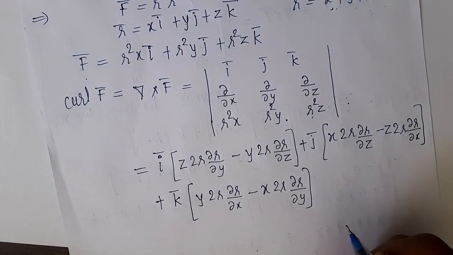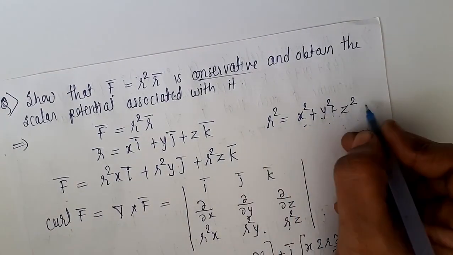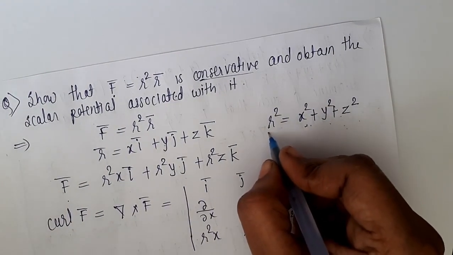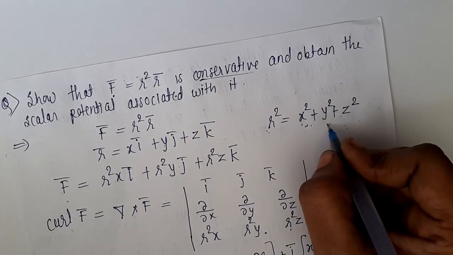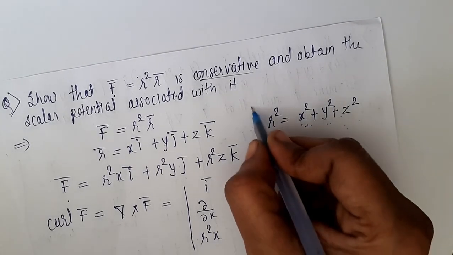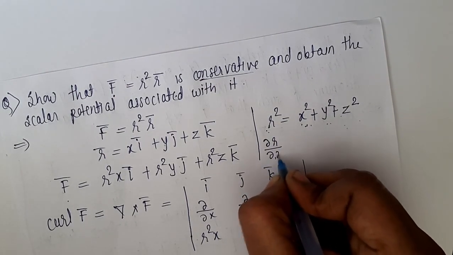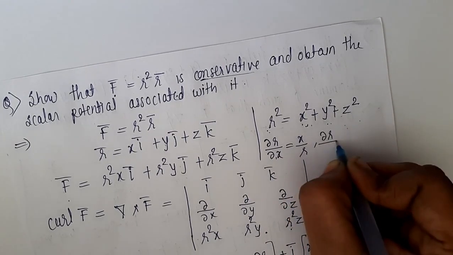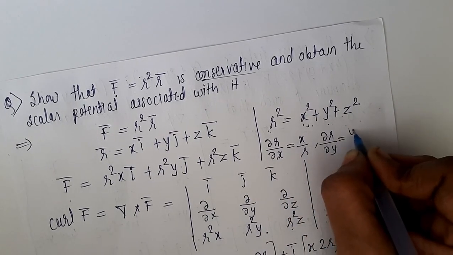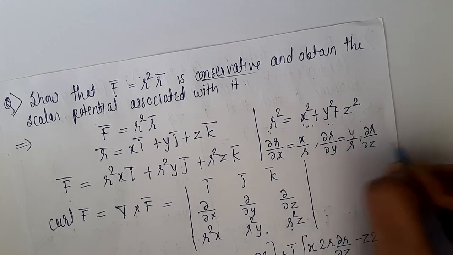Now we must know what del r by del x, del r by del y and del r by del z are. If we differentiate r square, 2r del r by del x is equal to 2x, 2r del r by del y is equal to 2y, and 2r del r by del z is equal to 2z. So by using that relation, we get del r by del x is equal to x by r, del r by del y is equal to y by r, and del r by del z is equal to z by r.